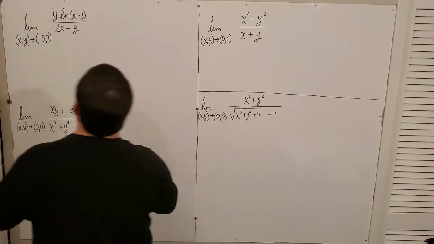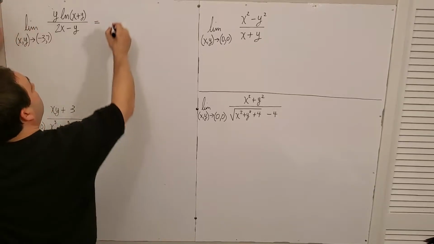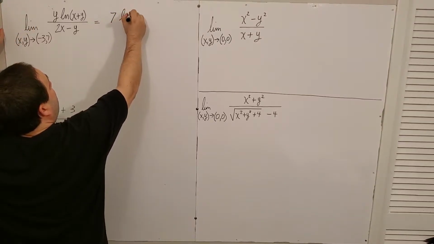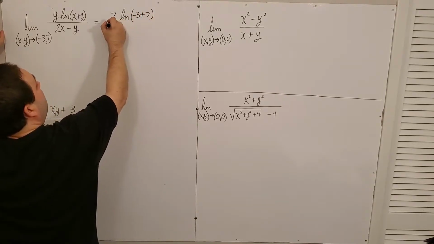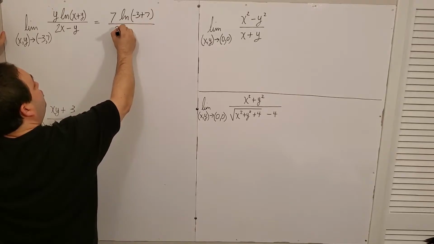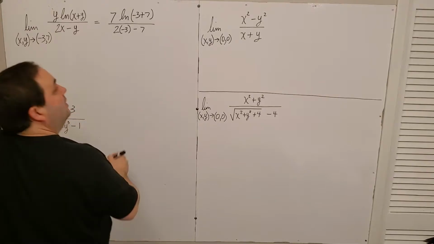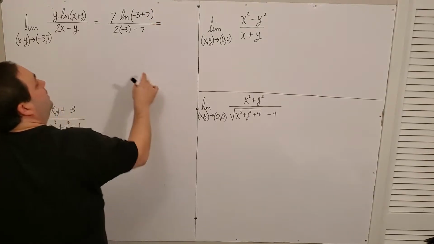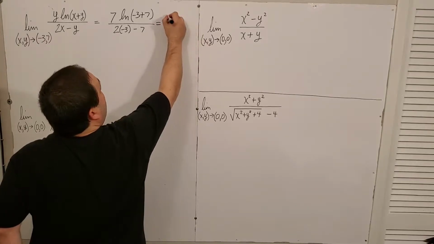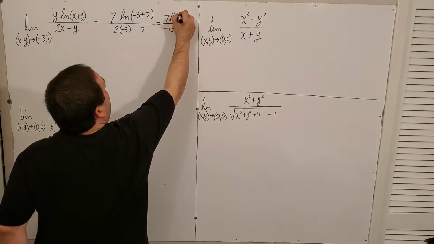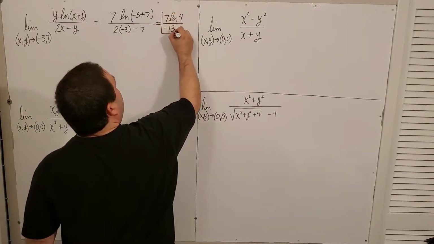I get 7 ln of -3 plus 7, divided by 2 times -3 minus 7. So we're going to have -13 in the denominator, and 7 ln of 4 in the numerator. And it all works out.